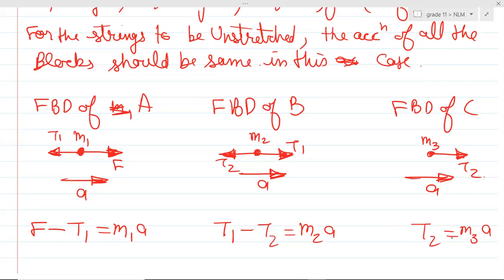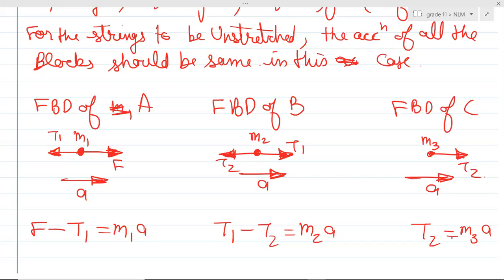Sanya, can you explain the second equation, please? T1 minus T2 is equal to M2 into A. I want you to explain how you got this equation, just like Aman did.